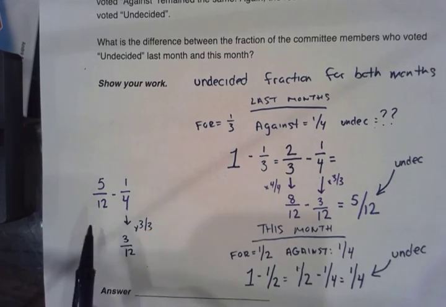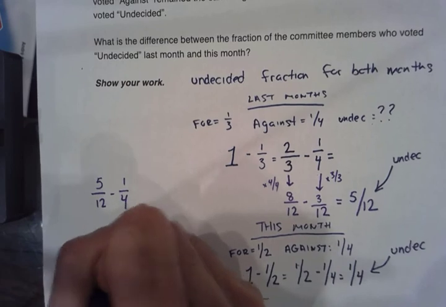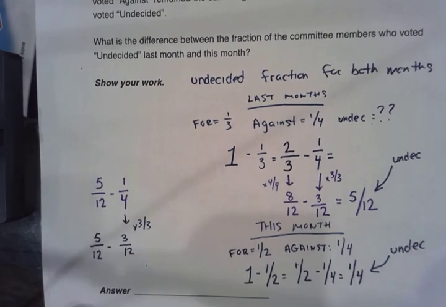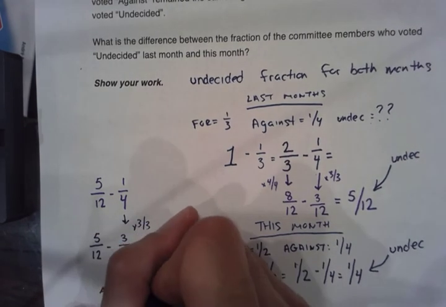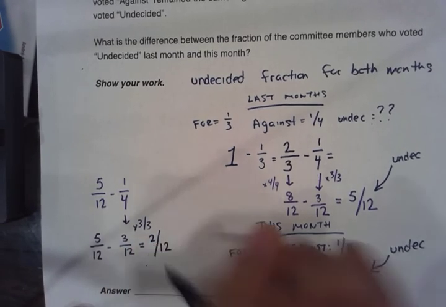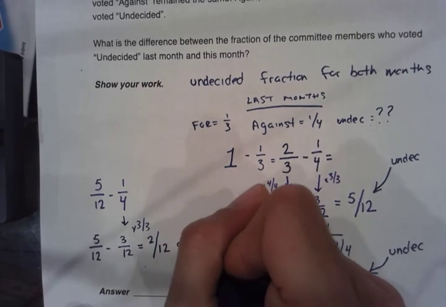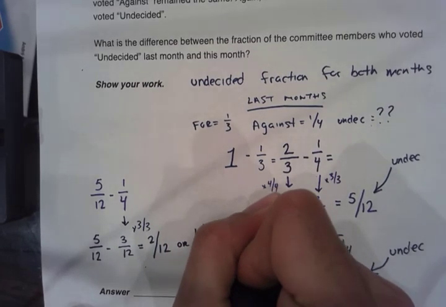And that's already the same denominator as our 5/12, so we could keep that the same. And 5/12 minus 3/12, well, that's just going to be 2/12. Or if you want to simplify your answer, you could say 1/6.